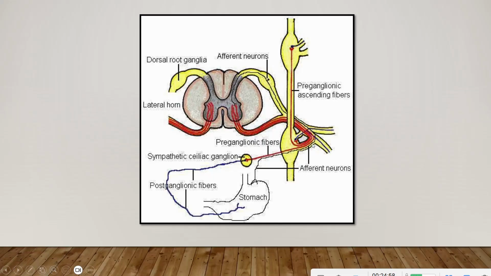The preganglionic sympathetic fibers relay at the sympathetic ganglion, and then via the gray rami communicantes the postganglionic sympathetic fibers go via the spinal nerve, and sometimes from the ganglion itself they go directly to the particular receptor organ.